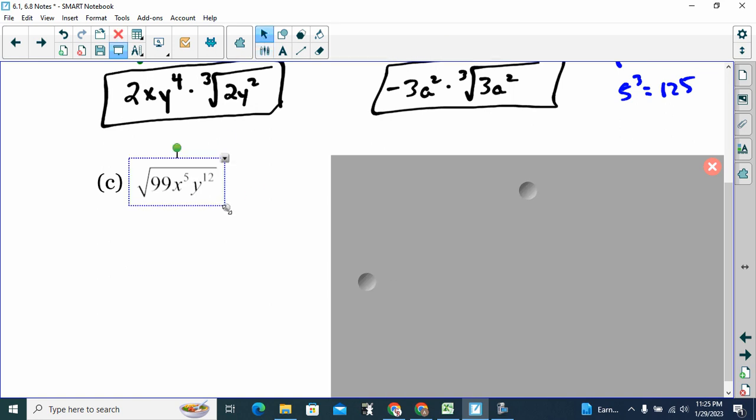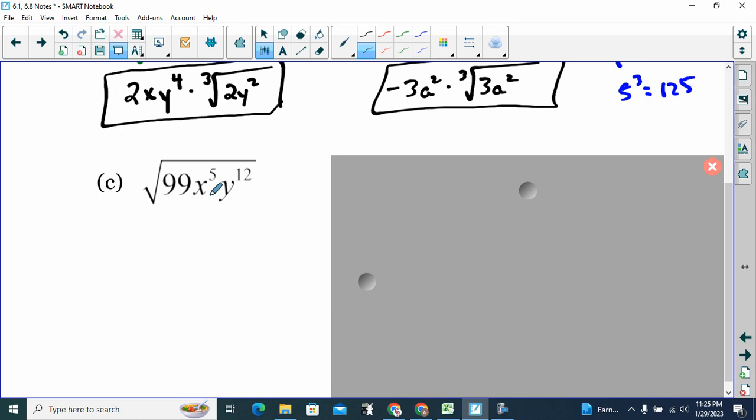Part C, square root of 99, x to the 5th, y to the 12th. Start with 99. We're going to split that up as 9 times 11.